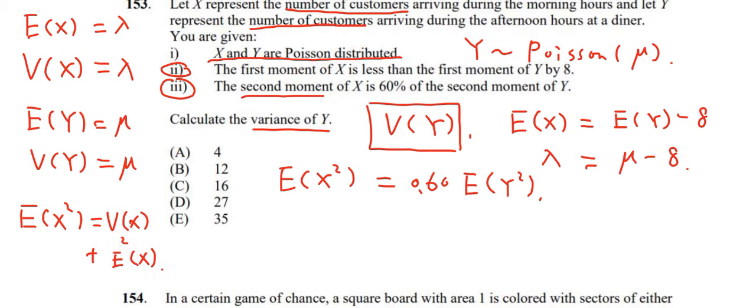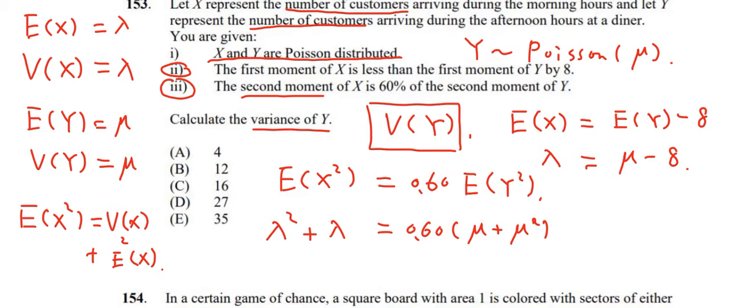Because Vx equals E[X squared] minus the square of E[X]. So we know E[X squared] equals lambda squared plus lambda. Here it is the same for Y, so we have mu plus mu squared.